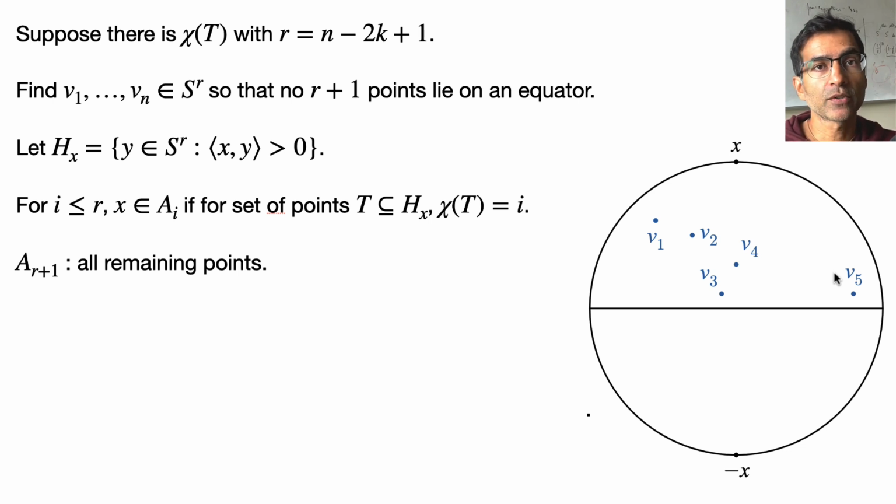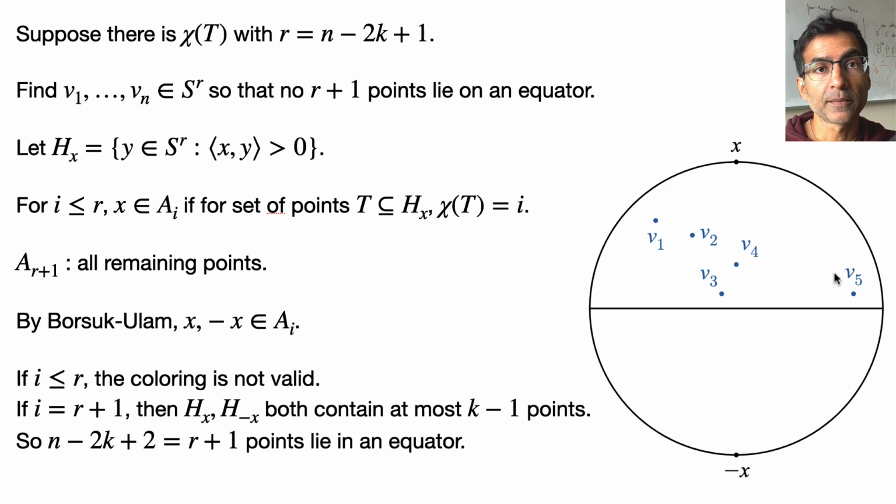Now you see that A1 through Ar are open sets, and A r plus 1 is a closed set. So we can apply the theorem from before, which says there must be two antipodal points, x and minus x, that belong to some Ai. Now there are two cases.